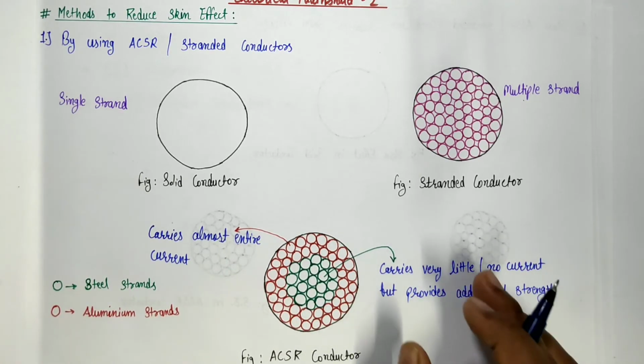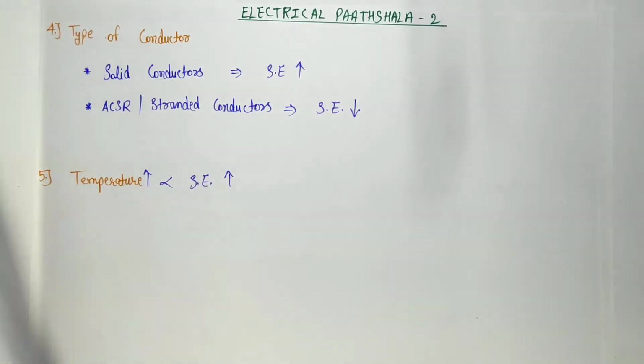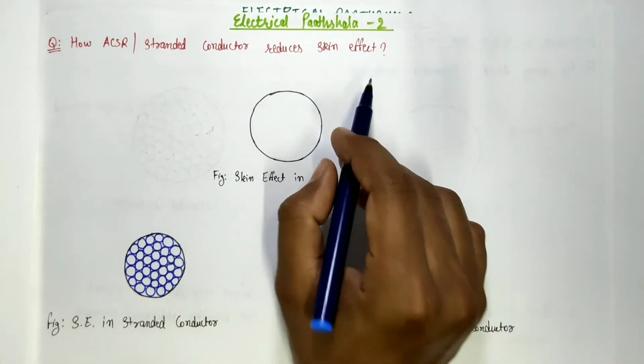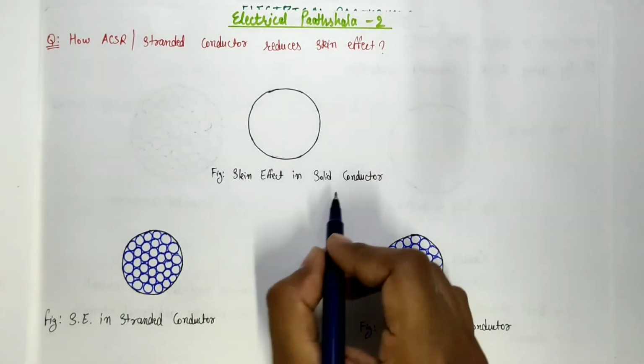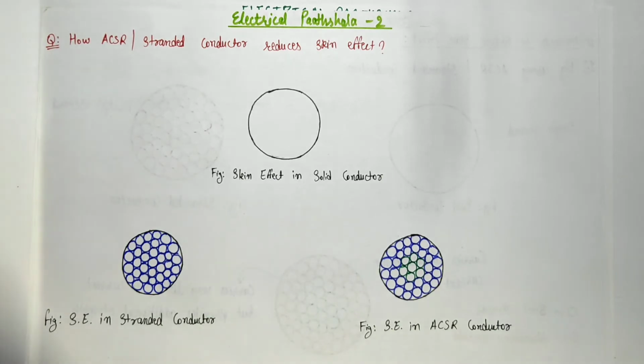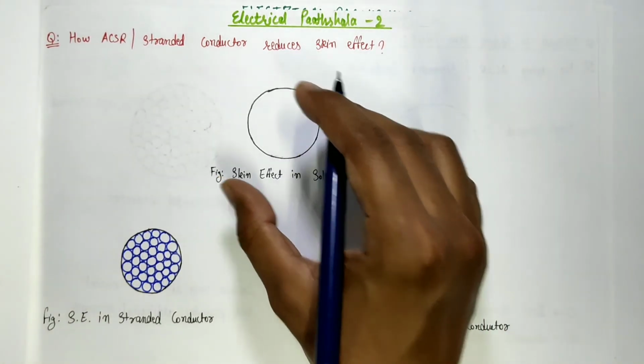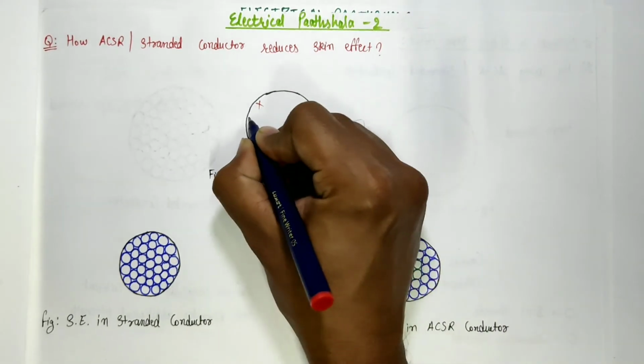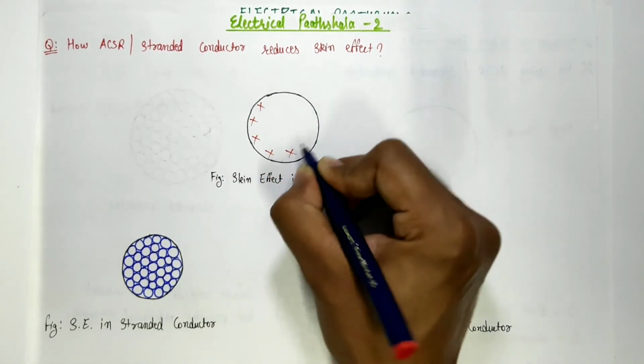Now we will see how stranded and ACSR conductors are used to reduce skin effect. First of all, we will see skin effect in case of solid conductor. You know that when AC current flows through a solid conductor, then due to skin effect the current concentrates near the surface of the conductor.